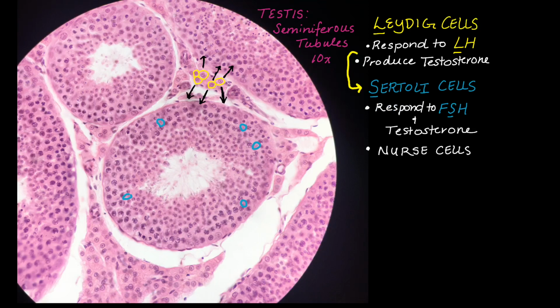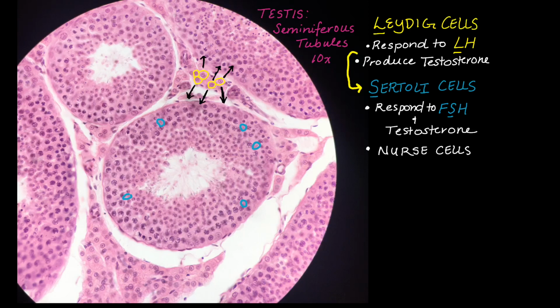They respond to 2 things. One, I already mentioned, the testosterone produced by the Leydig cells, but they also respond to FSH that comes from the pituitary. Sertoli cells are also referred to as nurse cells.